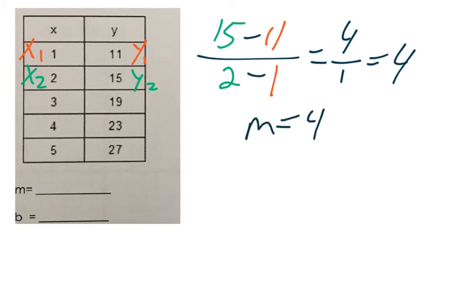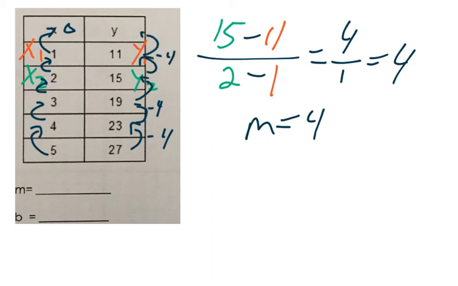Now, from our table, we don't have where x is 0. But we know that going this way, we're just going minus 1, minus 1, minus 1, minus 1, so we can go from 1 to 0. And if we're going minus 1 this way, we have to look at the y values. As we are going down by 1, the y values are also going down by 4.